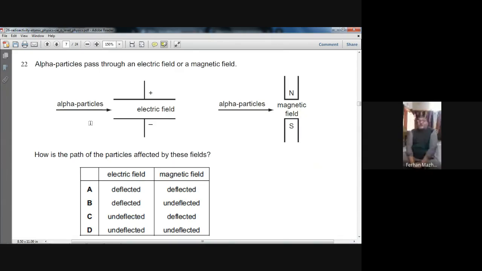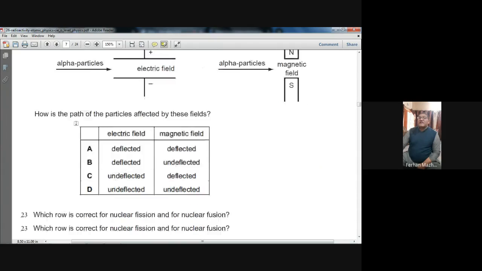So in the electric field, they will be deflected. In the magnetic field, they will be deflected. So what is the choice? The choice will be A. Yes, sir. In the electric field, it is deflected. In the magnetic field, it is deflected.